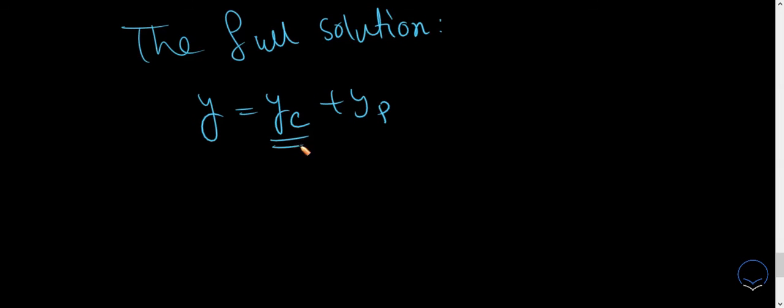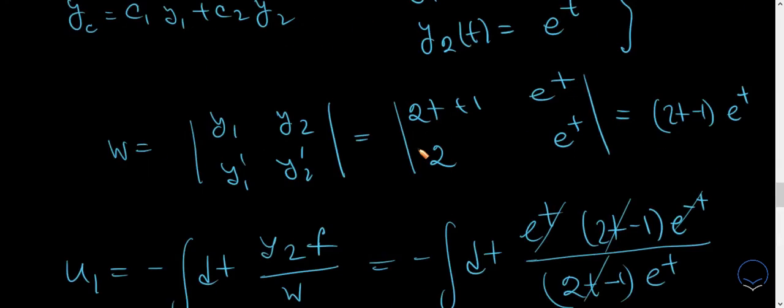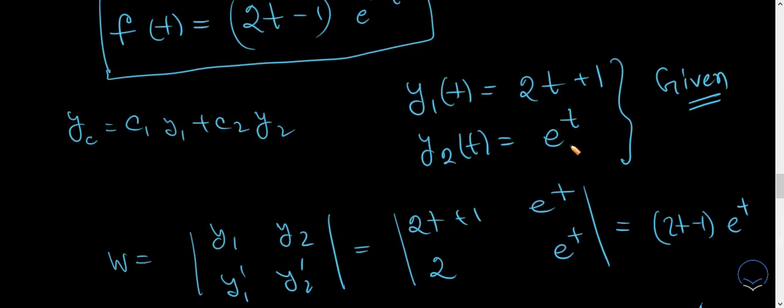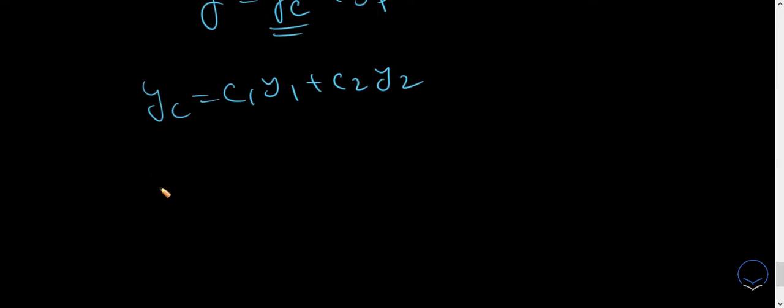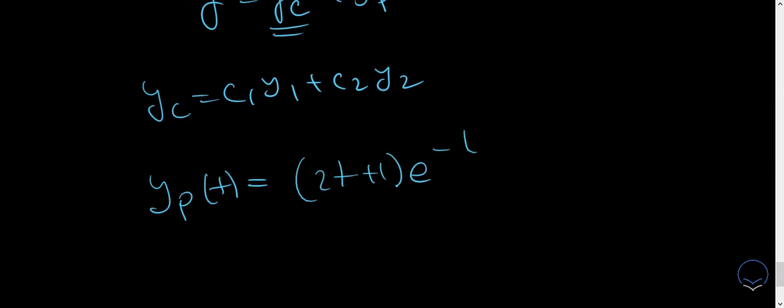We are not writing down the complementary solution again because we already know it: yc was given by c1 y1 plus c2 y2, and we already know y1 and y2 from here, that is 2t plus 1 and e to the power t. So let's focus on our particular solution. The particular solution will be just the thing we evaluated over here, that is (2t plus 1) e to the power minus t minus (t plus 1) e to the power minus t.